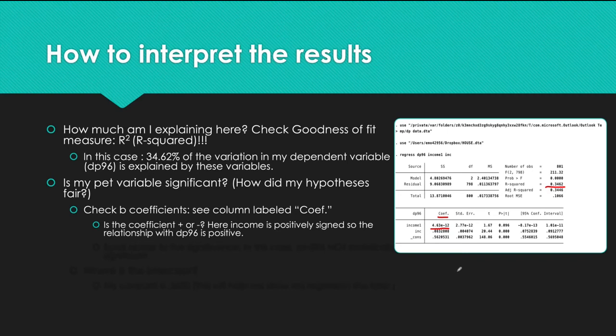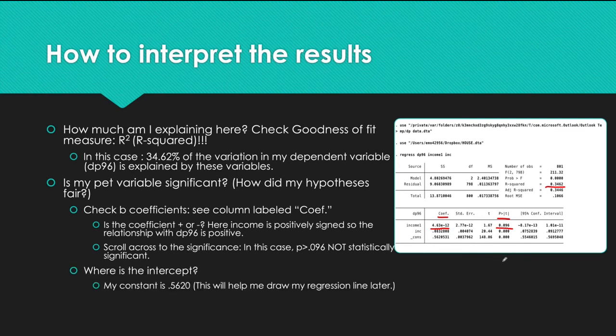Now, if I had a hypothesis that suggested that they would be positive, then I've got some reason for hope here. Second thing I want to do is find out whether or not that coefficient is statistically significant. If I scroll across to that p-value column, I will see that income gets a p-value of 0.096, so it's not statistically significant. Sad face.